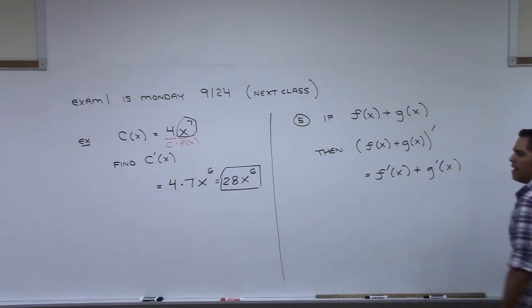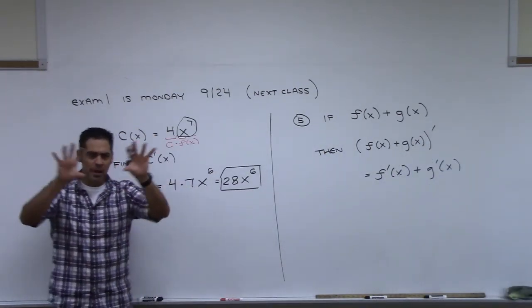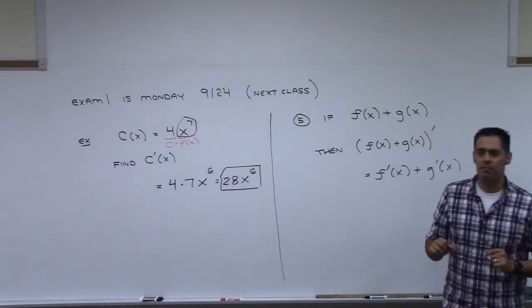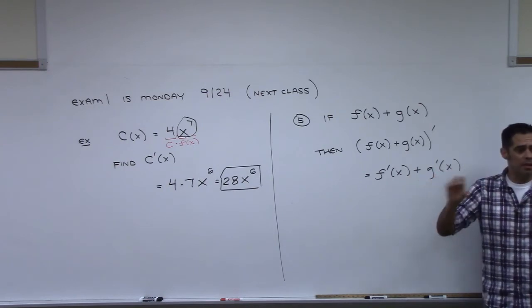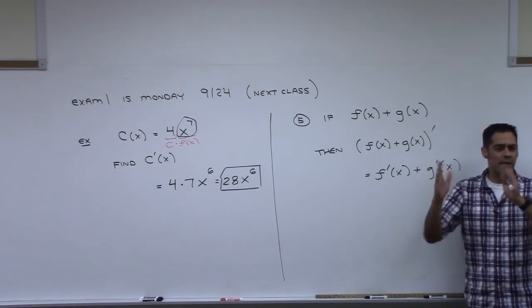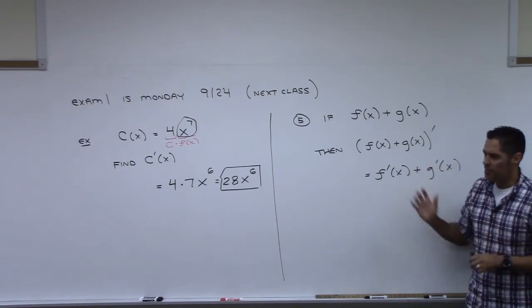So what is this rule saying? This rule is giving you permission to do what? If you have two separate functions separated with a plus sign, this is telling you that you can just take the derivatives individually. Look at them separately, take the derivative of one of them, take the derivative of the other, and then add the two answers together. That's what this rule is saying.